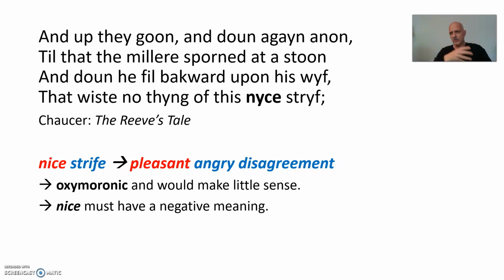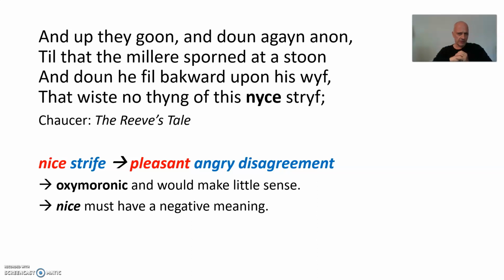It's in the Reeve's Tale, and there is a struggle between a miller and two students, and then this happens: And up they gone, and doon again anon, till that the miller spawned at a stone, and doon he fell backward upon his weave, that wist no thing of this niece's strife.